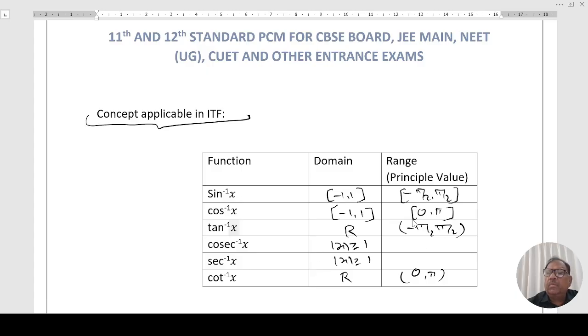In case of cosec inverse, minus pi by 2 to pi by 2 except 0. In case of sec inverse, 0 to pi except pi by 2. These are the functions, and these are the domains and ranges of the functions.